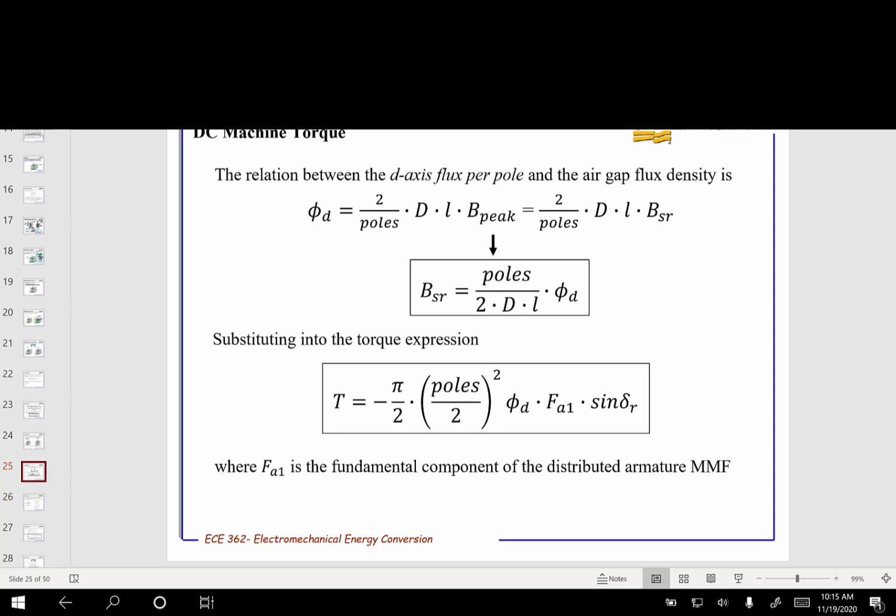Okay, so first, to get there, and I'm going to take about 3 more minutes, we have a torque expression which is a function of this angle. This is the armature MMF.